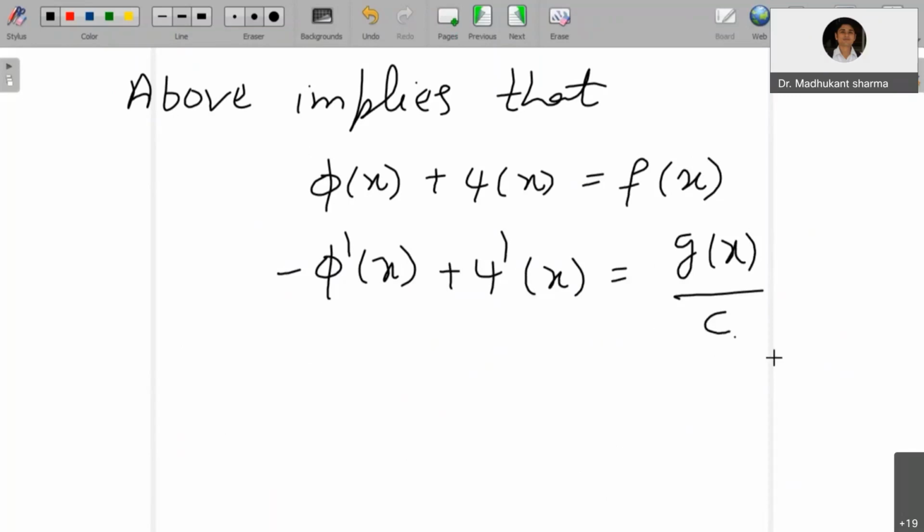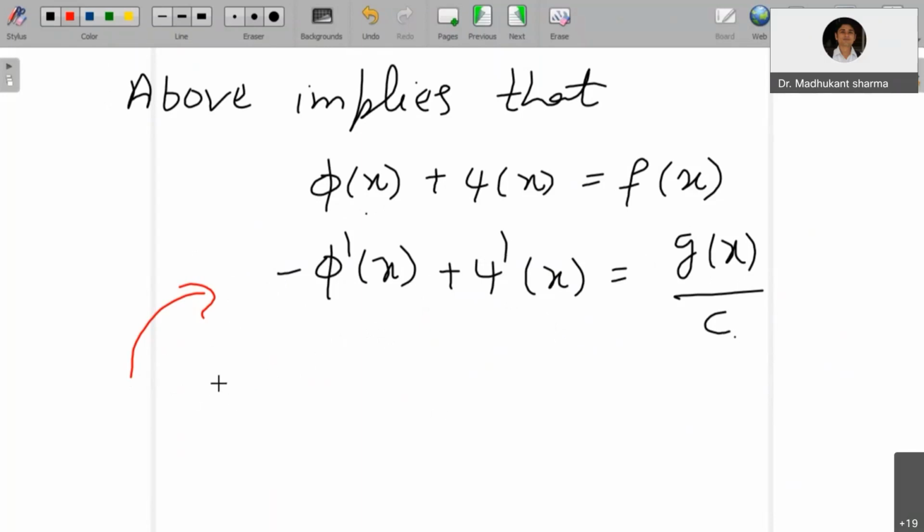Now, still you can't solve these two equations together because here there is only phi x and c x, and here is phi dash and c dash. So what do you do? You have to perform the integration for this equation. Integrate both sides over the limit x naught to x, where x naught is an arbitrary initial point.